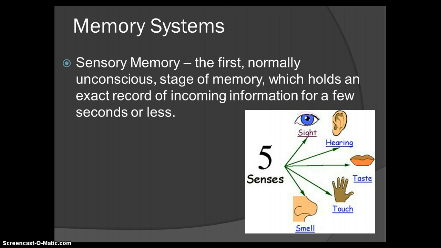So we need to actively attend to the information that we hear, for example, that somebody's actually talking to us, if we want to actually record, so to speak, the information that somebody is saying to us.